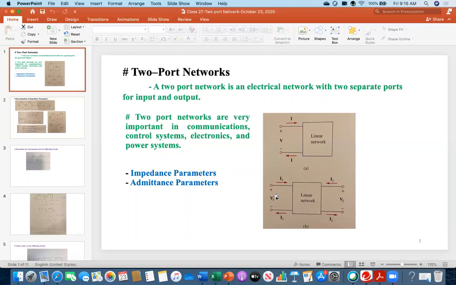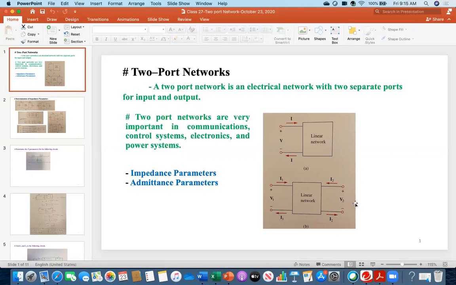And both ports, the left side and right side port, are interrelated with the help of the components inside this linear network. So this type of circuit is called a two-port network. There can also be multi-port networks. Again, there can be another linear network, like cascading, where the output of one circuit is the input of the next circuit. This is called the cascading or ladder network. But in this chapter, we will be learning only up to two-port, not multi-port.